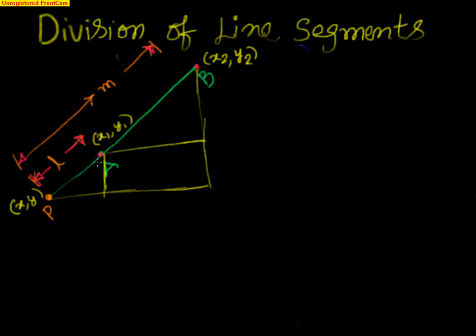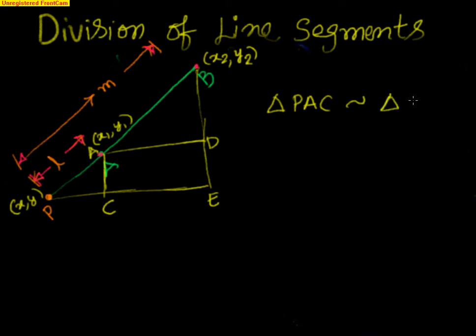Now what triangles are similar? Let me say this is C, this is D, and this is E. Now the triangle PAC is similar to triangle ABD.